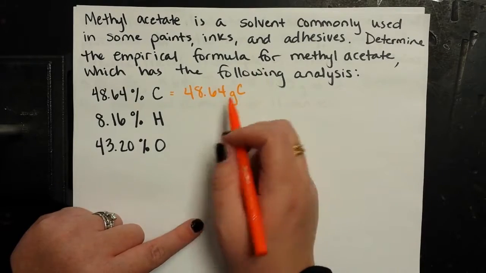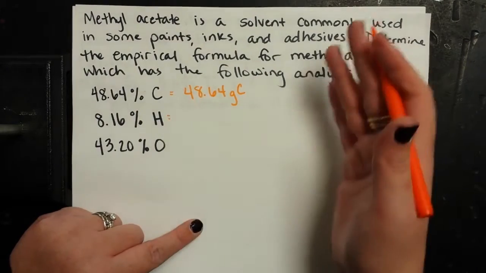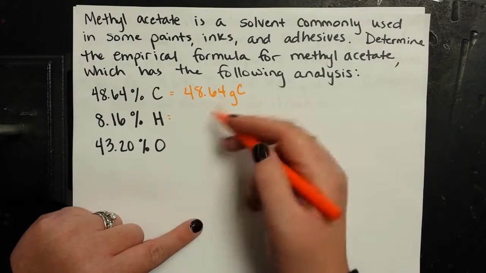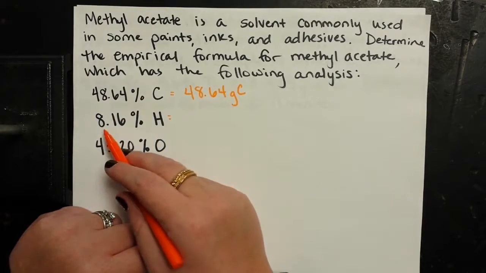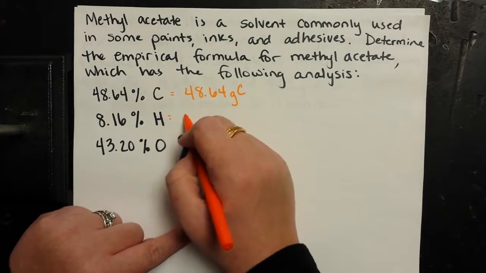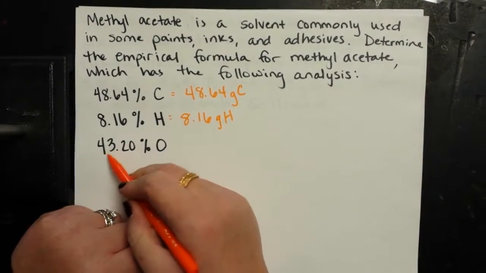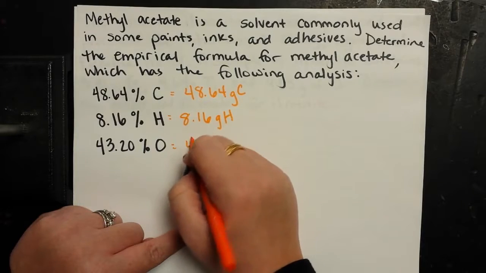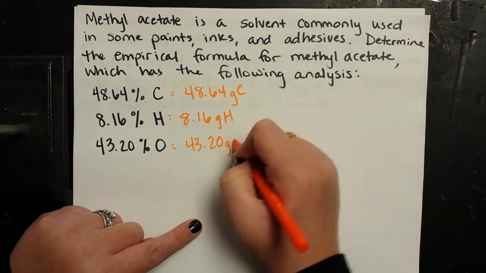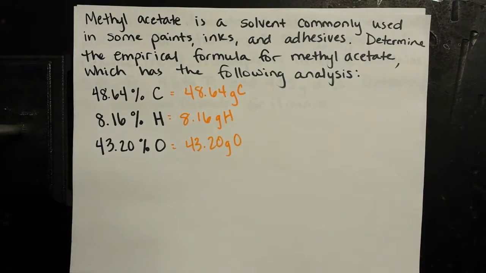So you have no math to do for this step. If you pick any other number besides 100, you've got to do some math. So it's just much easier to do this. For hydrogen, we would have 8.16 grams of hydrogen, and then 43.20 grams of oxygen.